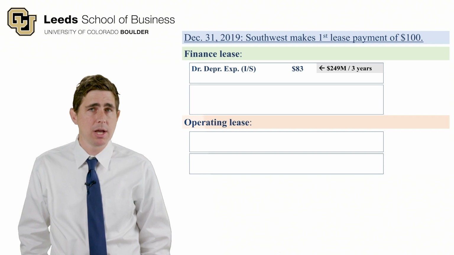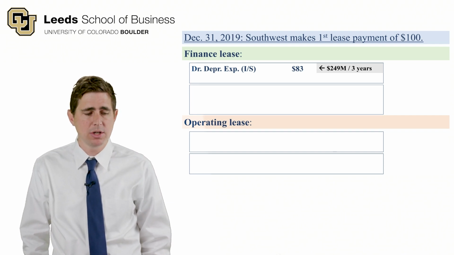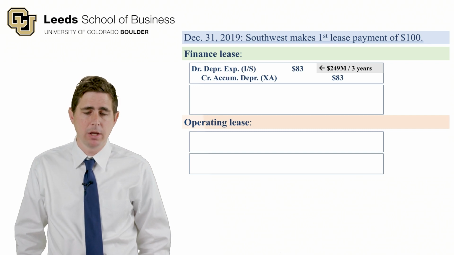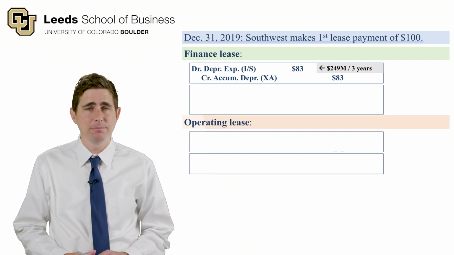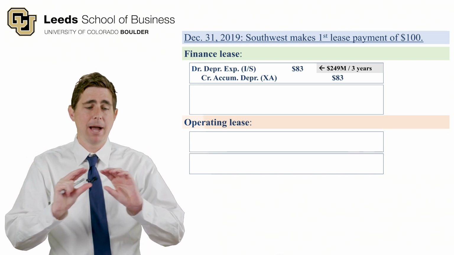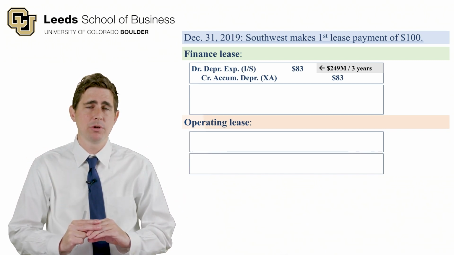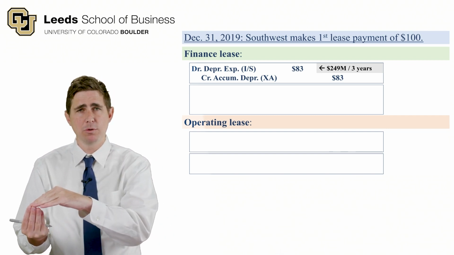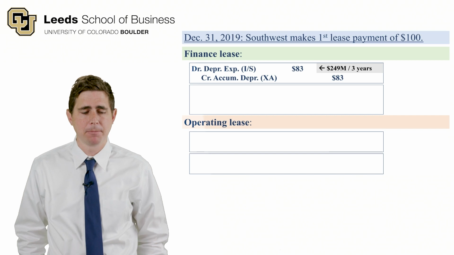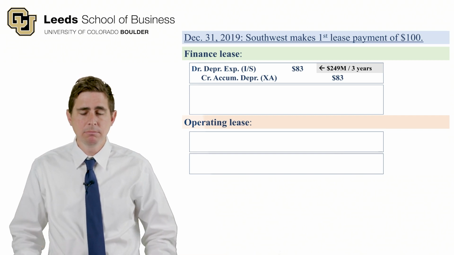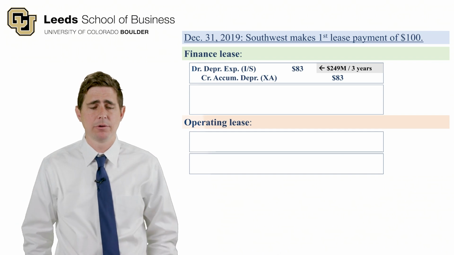We record $83 as depreciation expense, and we record a credit to accumulated depreciation, which is a contra asset account. It goes against the $249 asset, minus the $83 of accumulated depreciation, and now we have an asset that is reducing in value over time, this year by $83 on a straight line basis. That's how we handle the asset in the first year.